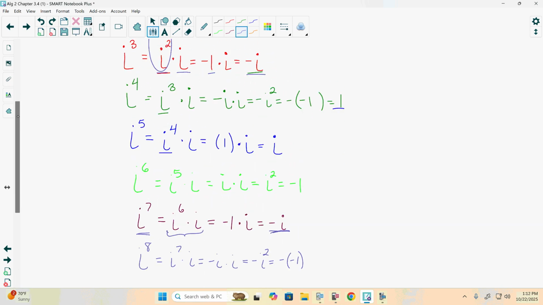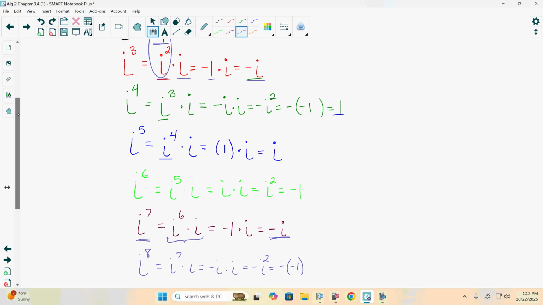Okay, we're going to look at power 4, i to the 4th. Well, i to the 4th, we can say is i cubed times i, yes? Now we use i cubed because we figured out what it is just a second ago, yes? i cubed is what? Negative i. So I'm going to replace i to the 3rd with negative i, which gives us negative i times our other i. i times i gives us i squared, yes?